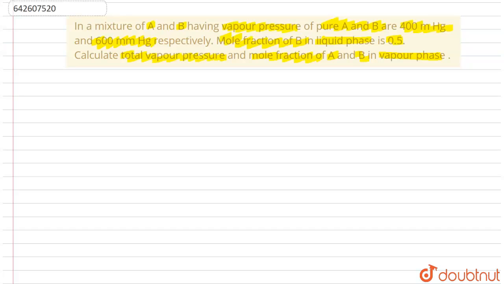Okay, so for solving this question, we are going to use Raoult's law. That is, we are going to use two basic formulas of Raoult's law.